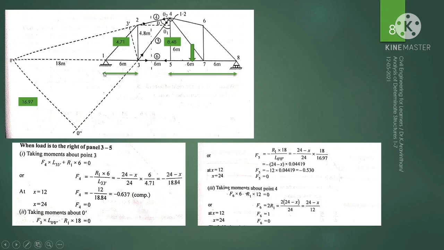Distance is 12 and it is clockwise, so plus R1 into 12. And for finding F6, you can take this outside. You will be getting this equation, and substituting the limits of 12 and 24, you will be getting 1 and 0.